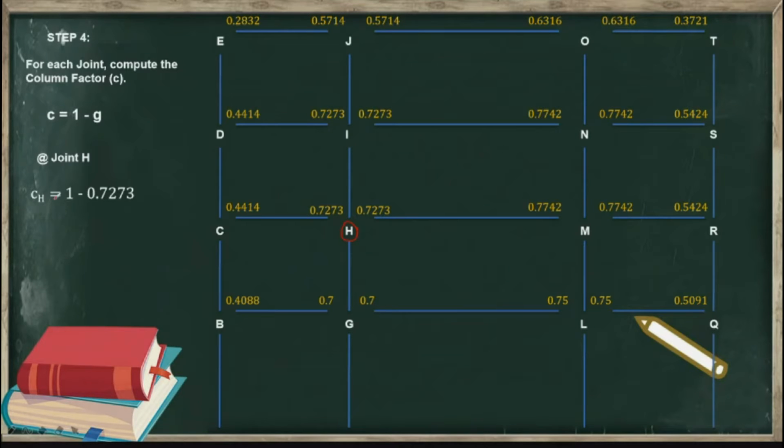So, we have here 1 minus G, where G is 0.7273. Therefore, yung value ng C natin, yung column factor natin dito sa may joint H is 0.2727. So, ito siya. Yung mga nakadikit na column sa kanya, yun yung values natin sa may H natin. So, makasunod.